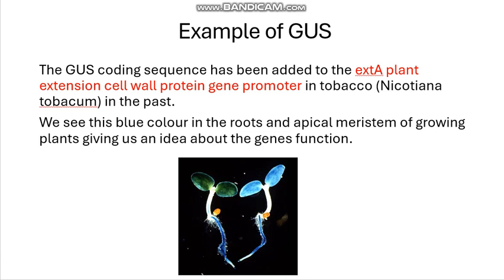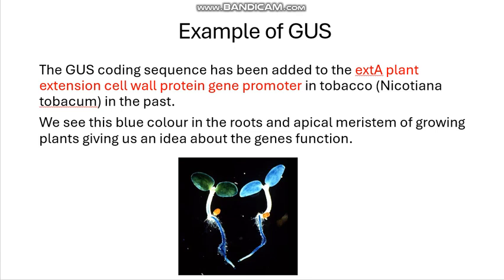An example of GUS being used was when the beta-glucuronidase, the GUS enzyme coding sequence, was added to the end of a promoter that promotes a gene called extra plant extension cell wall protein in tobacco.